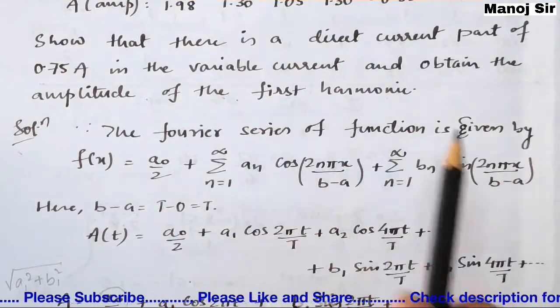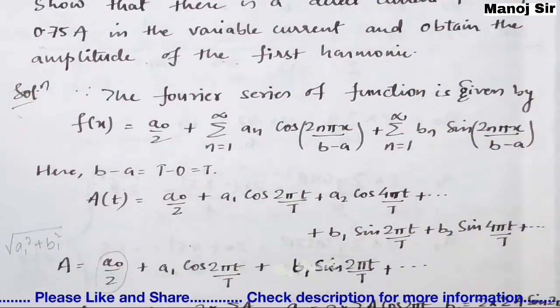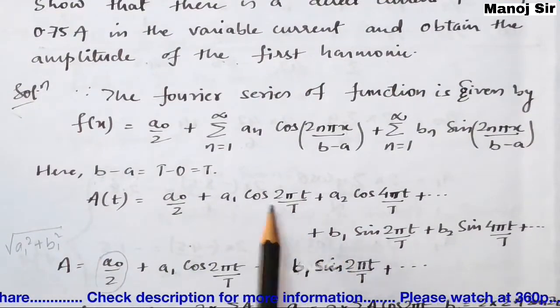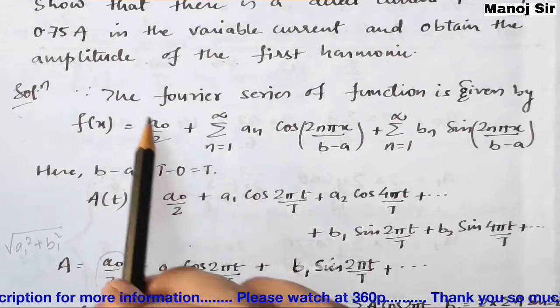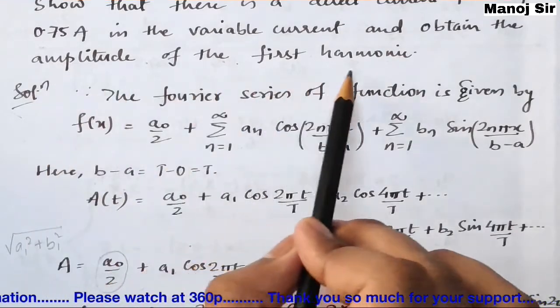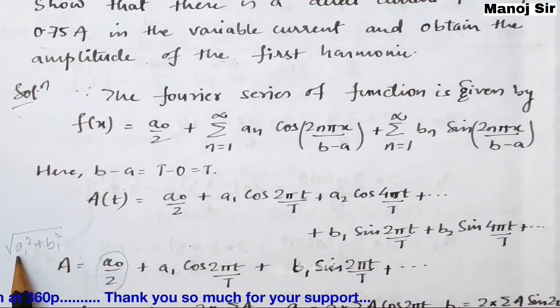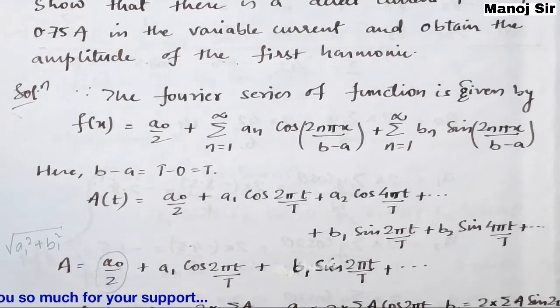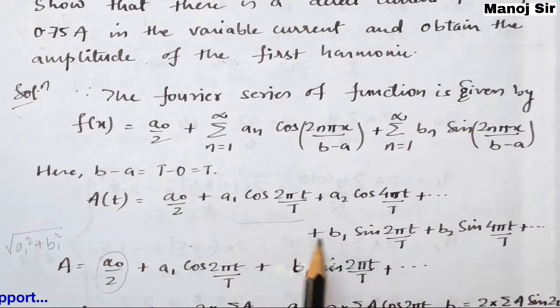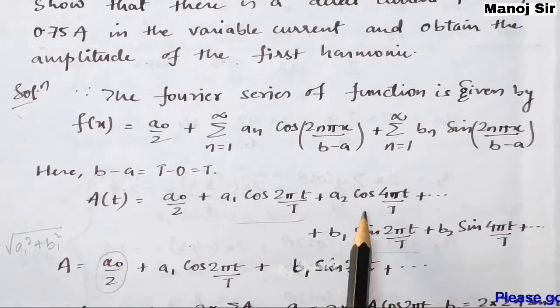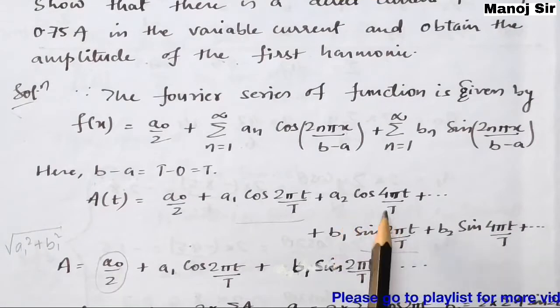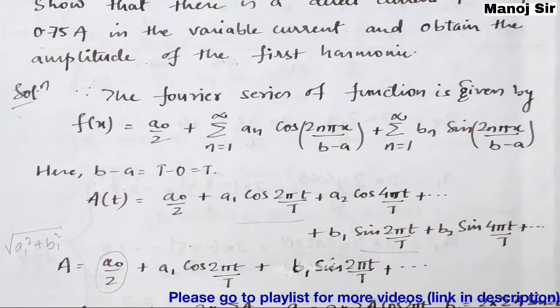Since it is asked about the first harmonic, we are interested in a1 and b1. The amplitude of the first harmonic is root over a1 square plus b1 square. So we will take only these two parts and not consider further parts, that is a2, a3 or b2, b3.